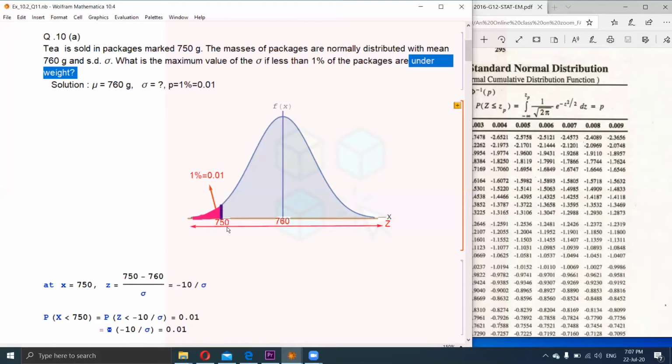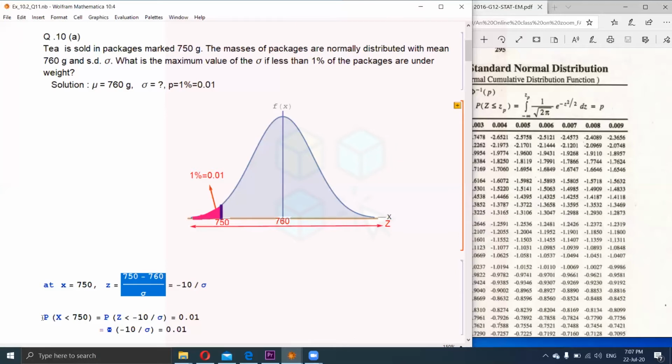Parallel to it is a z number line, and the corresponding value on the z line is first obtained: 750 minus 760 over sigma. This z-score is minus 10 by sigma. Since sigma is unknown, sigma is written as it is.